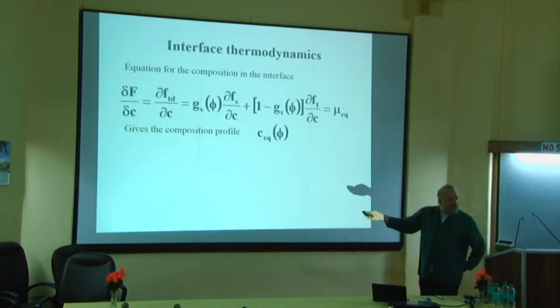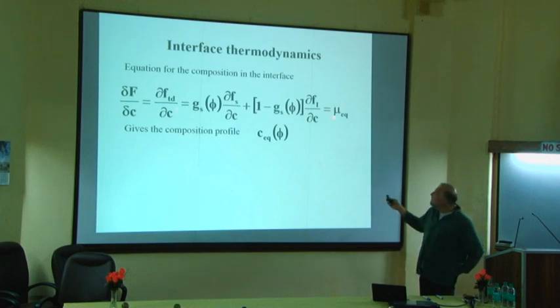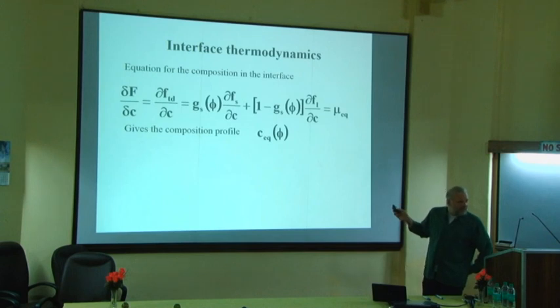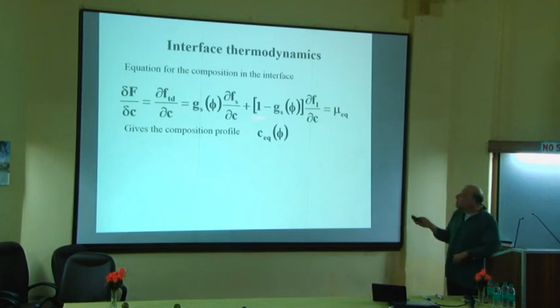So I calculate the variational derivative with respect to the composition, which is equal to the chemical potential, and this must be equal to the equilibrium chemical potential for the whole interface. Now if you just do the calculation of this interpolated free energy, of course you find the interpolation function times df_s by dc, and 1 minus g times df_l by dc.